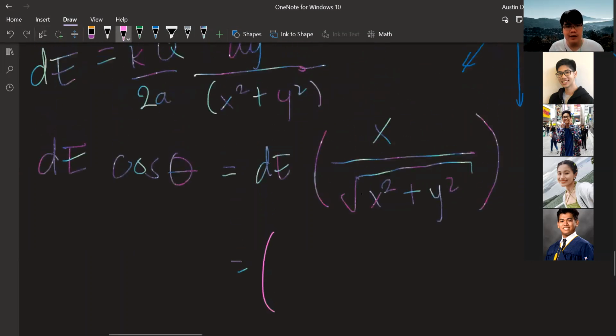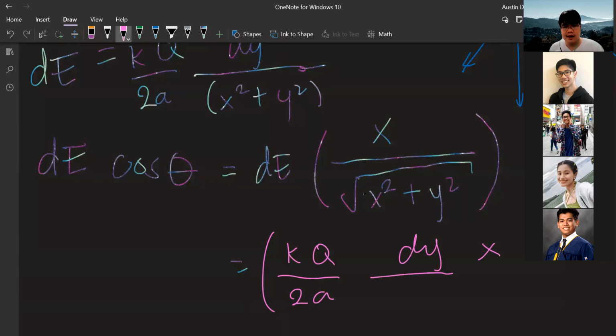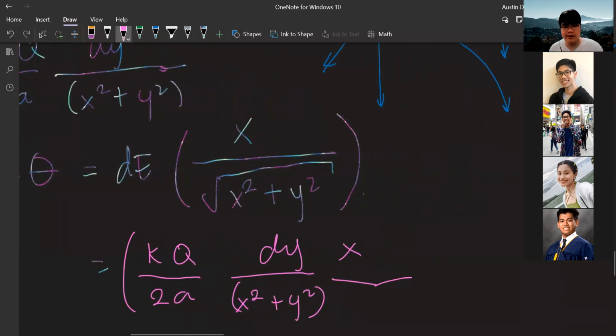Yung dE ko would be kQ over 2a dy x, tapos ito ay x squared plus y squared, tapos over another one here, x squared plus y squared.